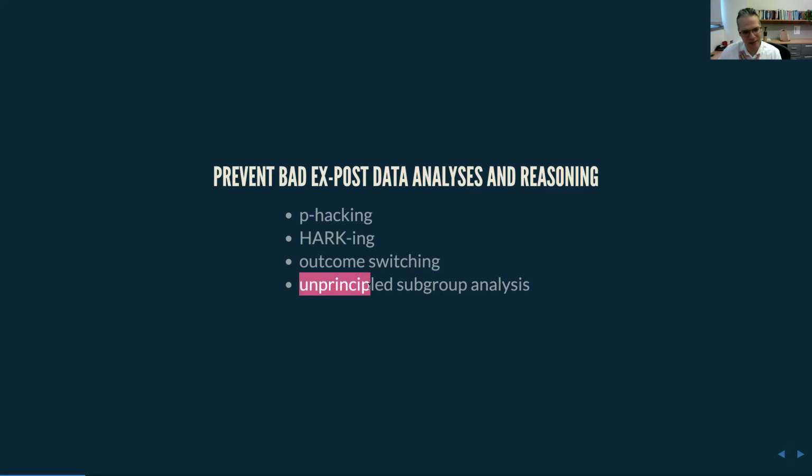And then the last thing that we're trying to prevent is unprincipled subgroup analysis. I don't know about you, but every single time I have submitted an experiment for review, one of the review requests is, did you consider subgroup analysis by X? Right? This is one of the ways in which we're curious. We're curious about treatment effect heterogeneity.